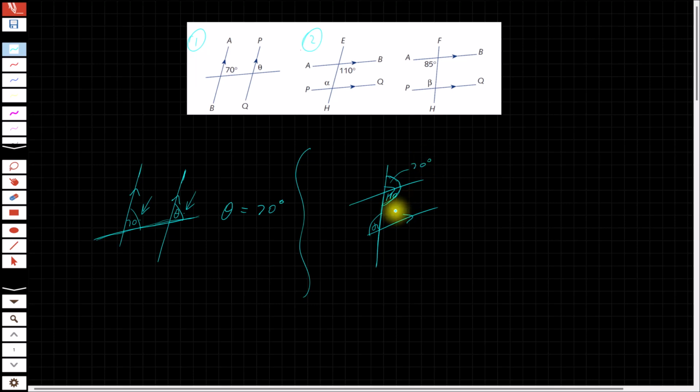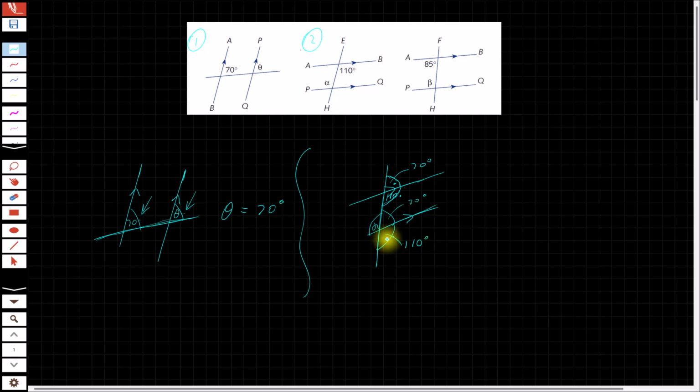So we automatically know that this angle here will match this angle here, because that line is going in the same direction as that line. So this one here will be 70 degrees, and this angle here matches this one here, which is 110 degrees.